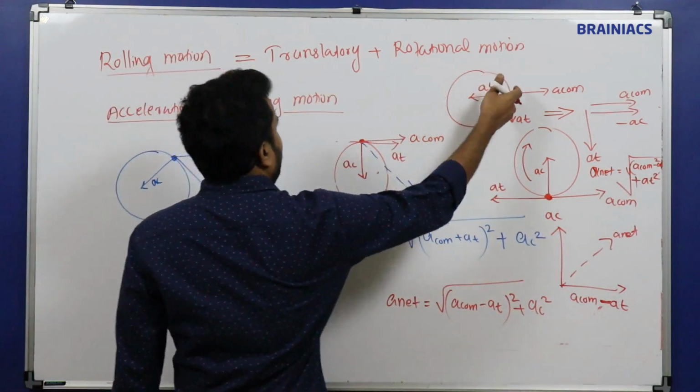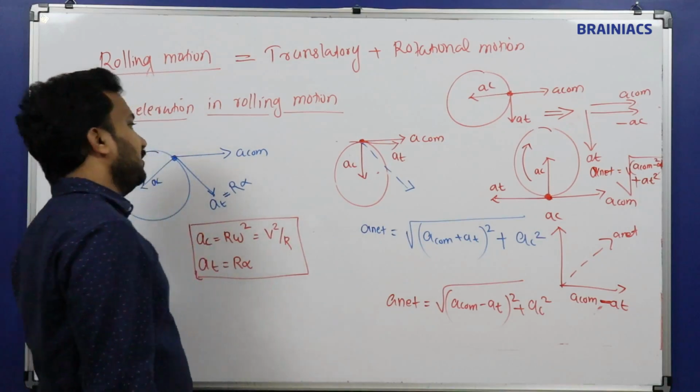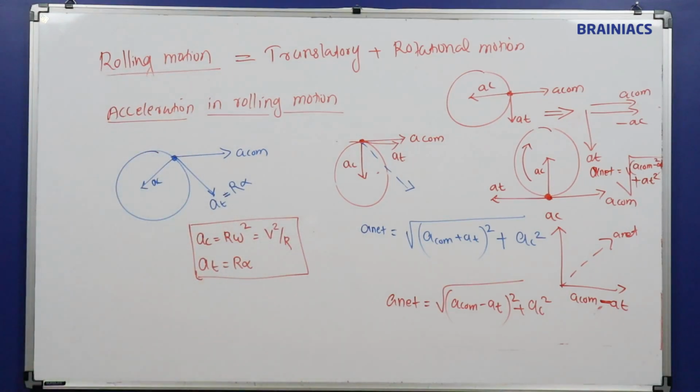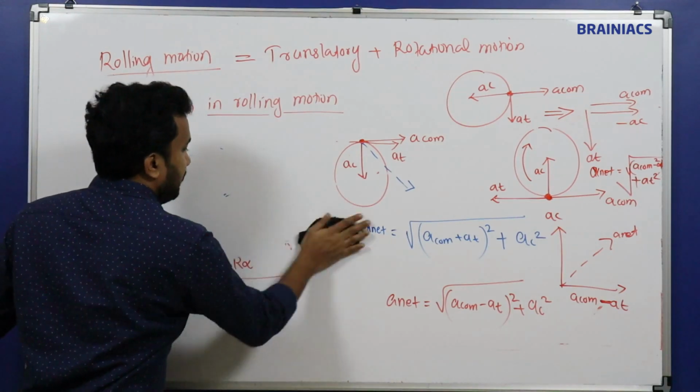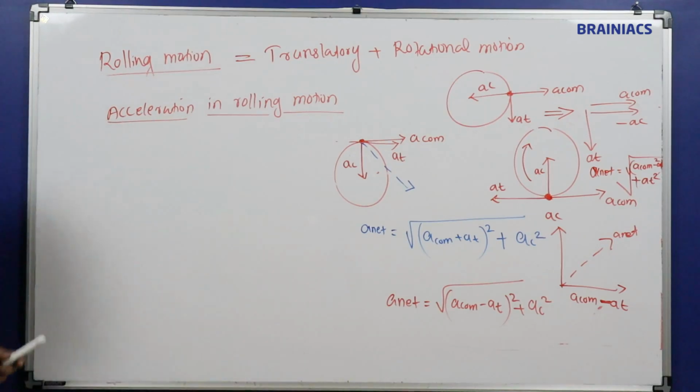This is for the leftmost position. Same way you can calculate it at the rightmost position, and the leftmost position also. I will tell you what comes in the leftmost position so that it will be clear. Fine.